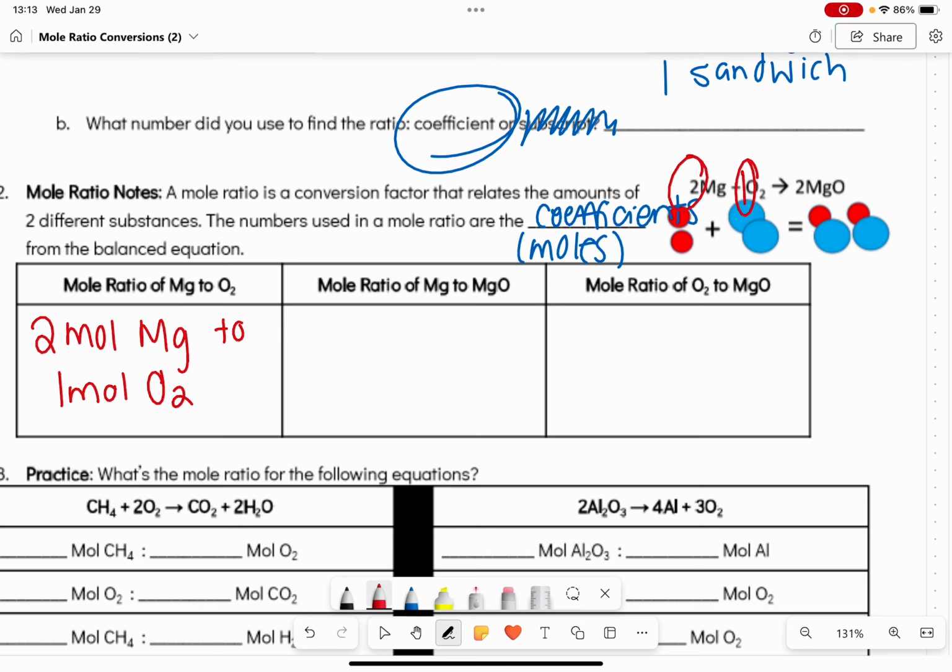I want you to pause this video and write the mole ratios for the next 2 boxes, moles of Mg to MgO, and then the mole ratio of O2 to MgO.